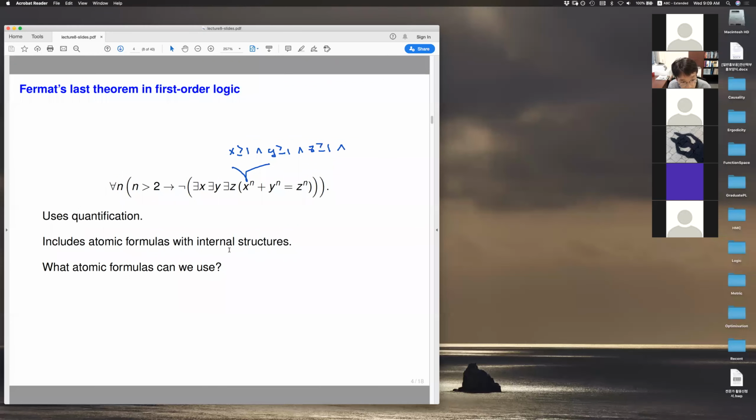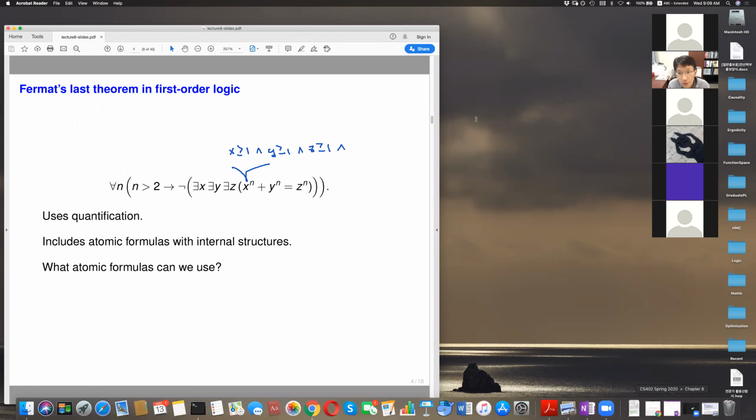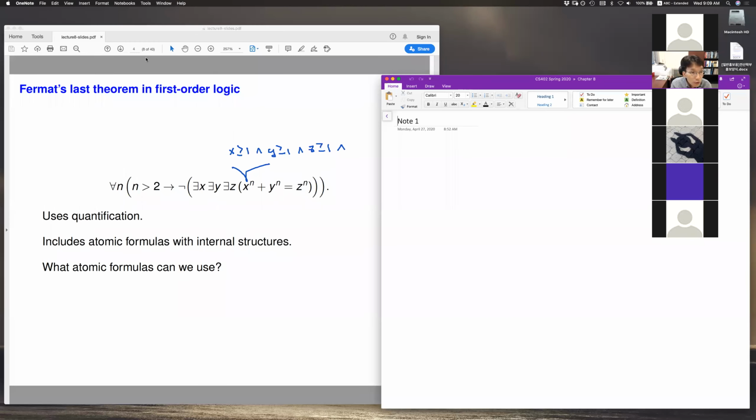We will formally define the syntax and semantics of first order logic, which is a device that allows us to include these sophisticated atomic formulas and to handle universal and existential quantification. Because things are complex, we have to do a bit more work. So let me first show you an informal high-level picture before actually defining first order logic.